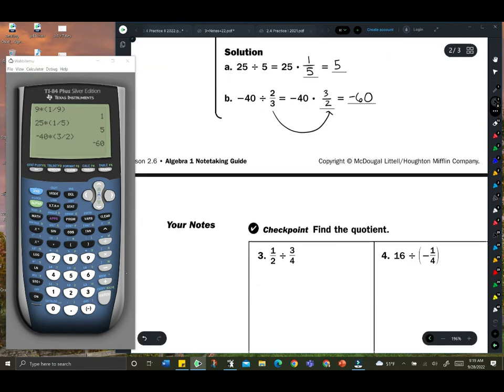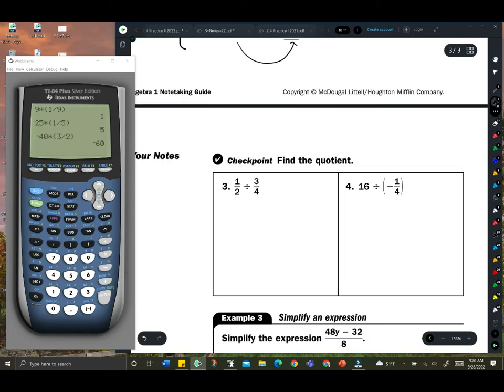So some checkpoints. Find the quotient. I'd like you to practice writing it in terms of multiplication. So it's 1/2, that stays the same, times the reciprocal, 4/3. Now that is going to be 4/6 or 2/3. The next one, don't let the parentheses scare you.